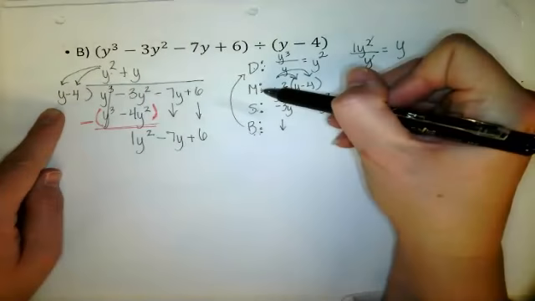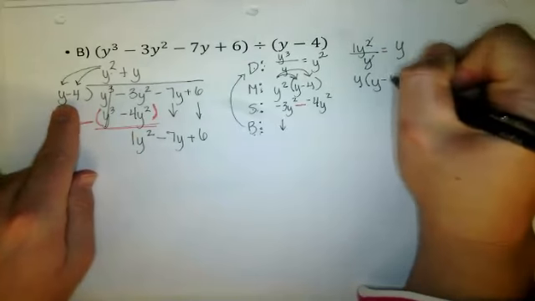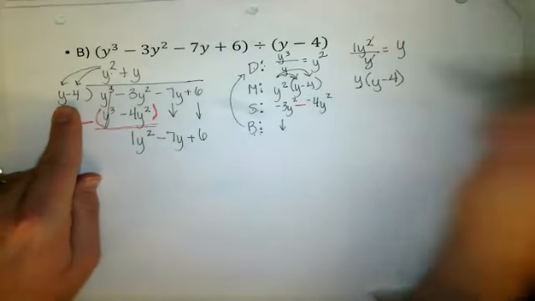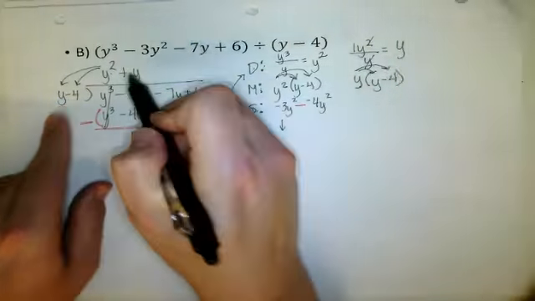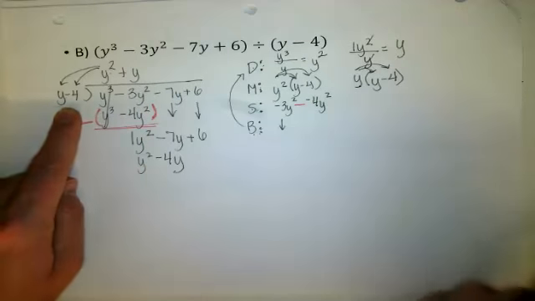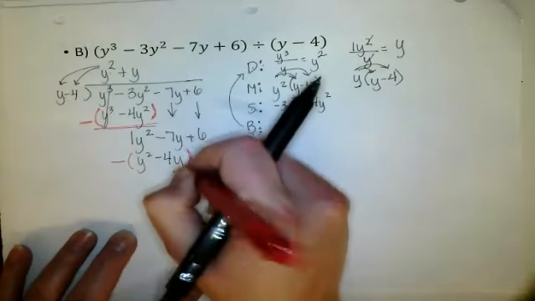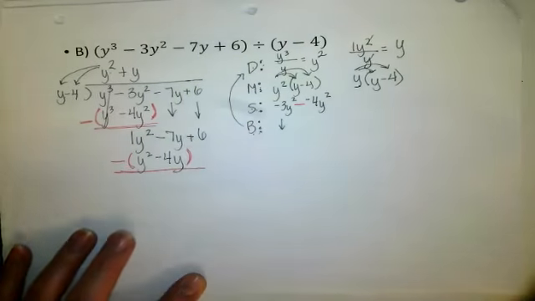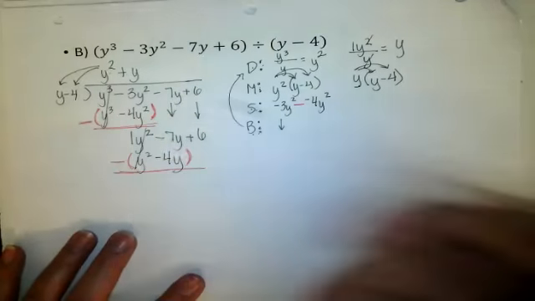And then we multiply. Y times y minus 4. And remember, you have to distribute to both. So we have y times y, which is y squared, and y times negative 4, which is negative 4y. As for subtract everything, 1y squared, take away 1y squared is 0.